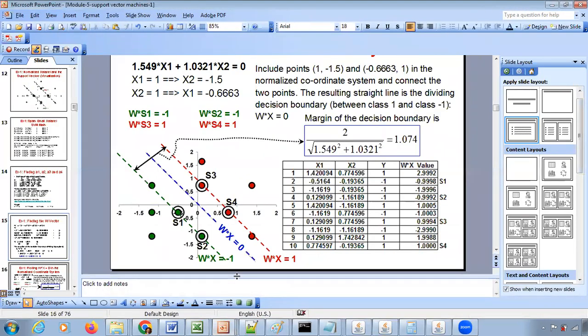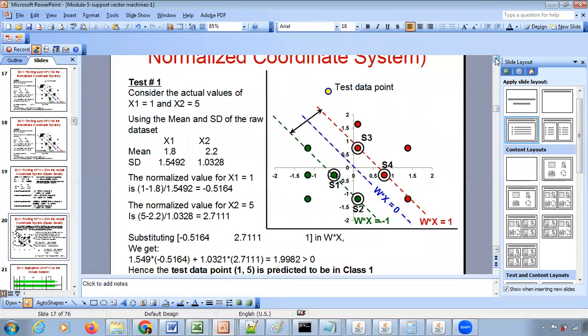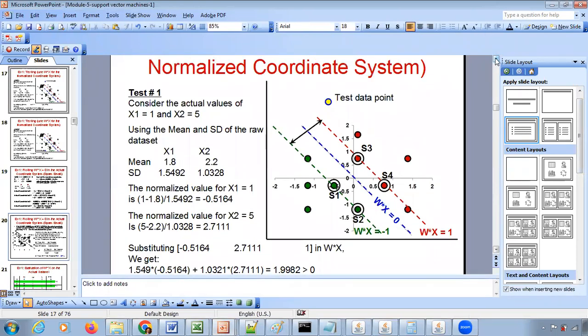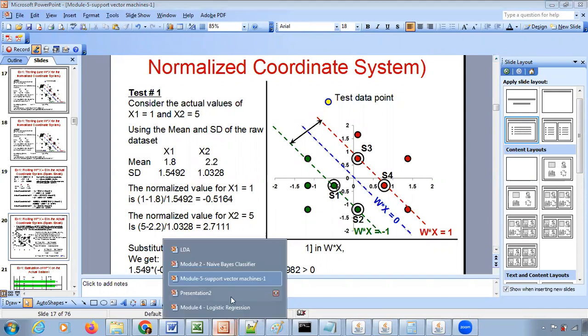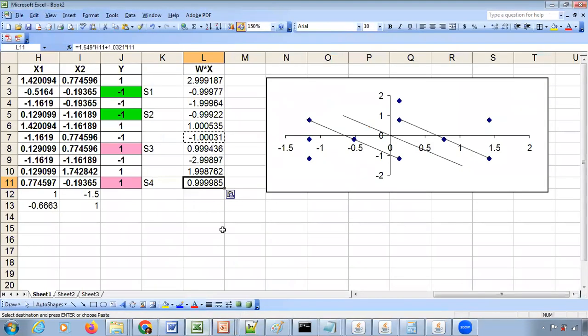So now you could go through some testing. So far we tested only the actual data set that we are given. But remember that itself is a testing, because unlike logistic regression, we didn't choose the entire data set for our modeling. We just used these four data points, the support vectors.